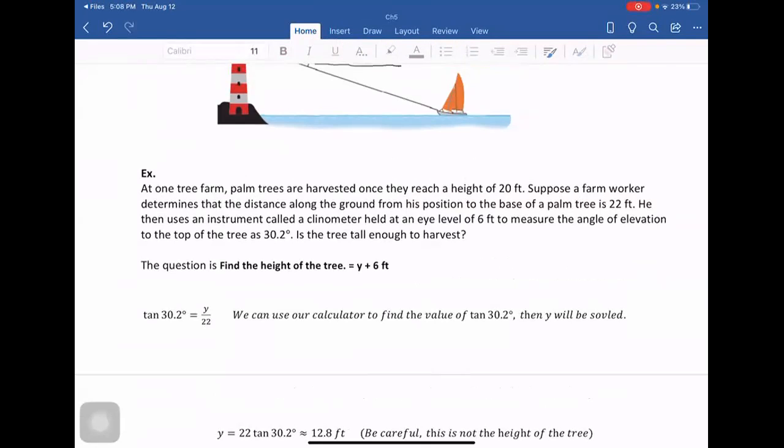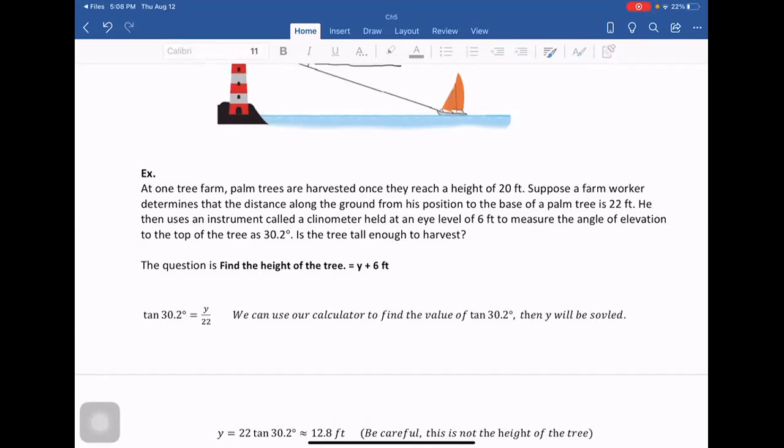He then used an instrument called a clinometer held at an eye level of 6 feet to measure the angle of elevation to the top of the tree as 30.2 degrees. Is the tree tall enough to harvest? What's the meaning of this?